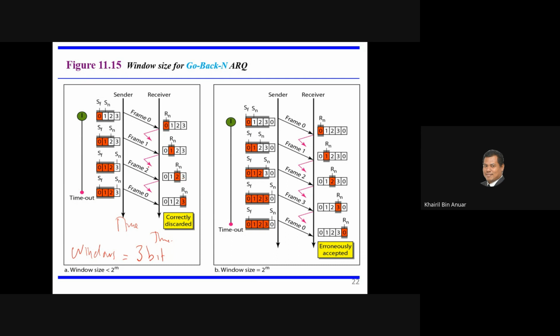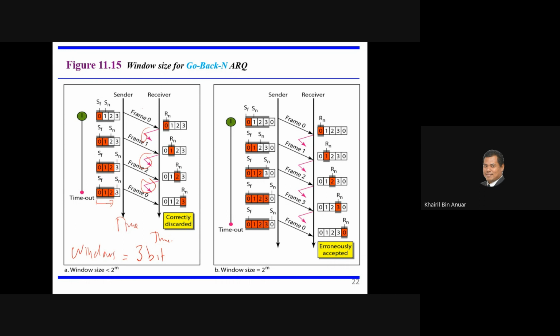If it doesn't receive, it will time out, meaning it doesn't receive the acknowledgement. So you send back frame 0 over here, but the window doesn't shift, you see. It still maintains 0, 1, 2 until you have successfully transmitted and received the acknowledgement of frame 1.